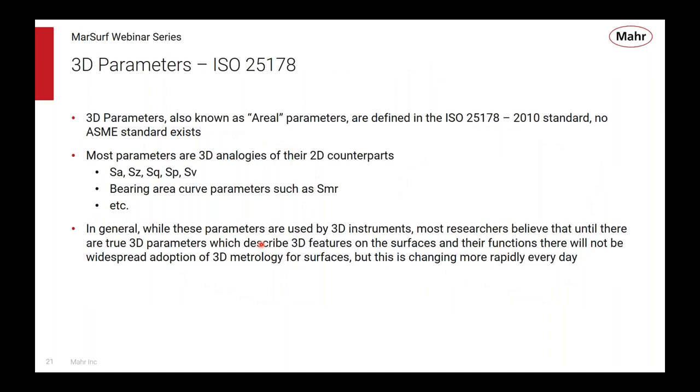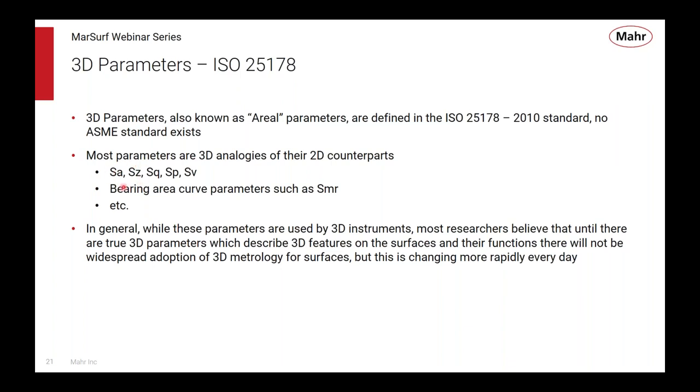So on those 3D surfaces, there are 3D parameters, just like there are 2D parameters. Ra is the one people know from the skidded and skidless instruments. We're going to talk about parameters in episode 4, and we're going to talk about lots of different parameters. In the 3D world, there are 3D analogies for the 2D counterparts that people are commonly using, like Ra and Rz.